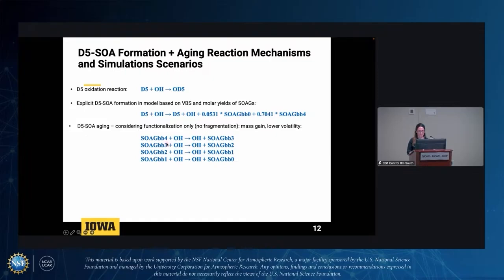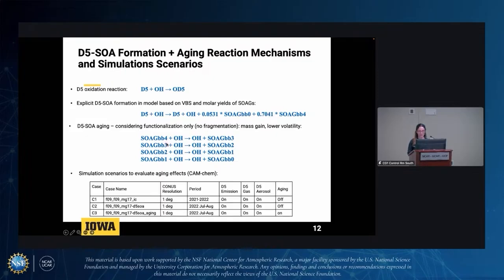For the simulation where we wanted to see the effect of aging, for the case that we have D5 SOA and aging, we represented the aging by considering functionalization only, where each of these volatility bins can move one bin lower, known as functionalization aging, and represented in the second case of simulations.